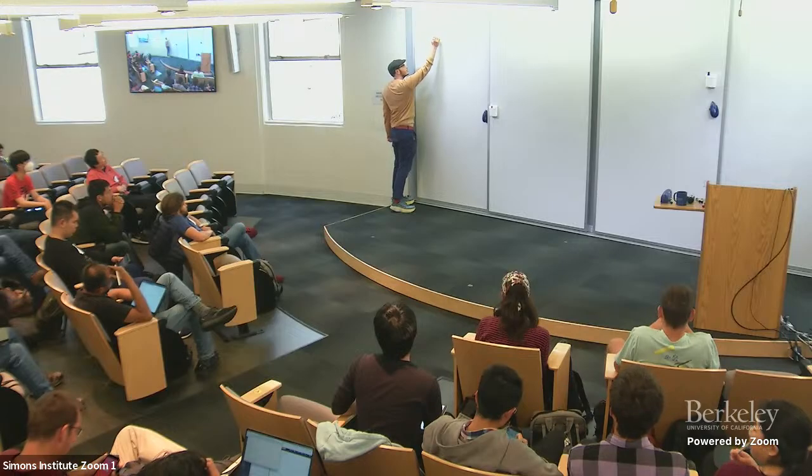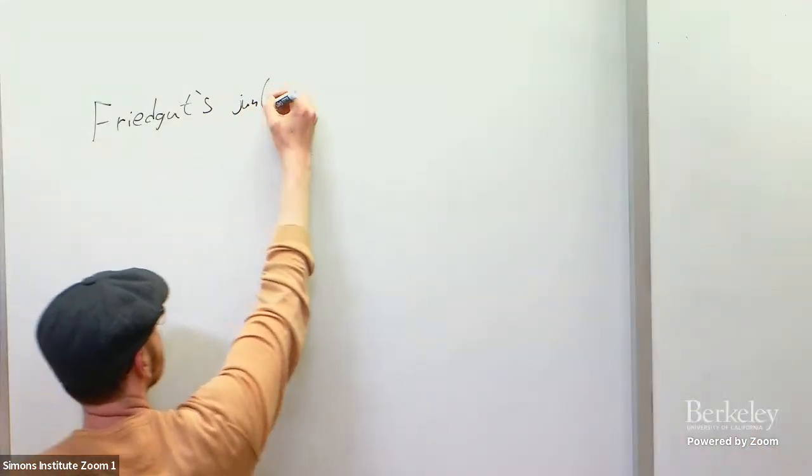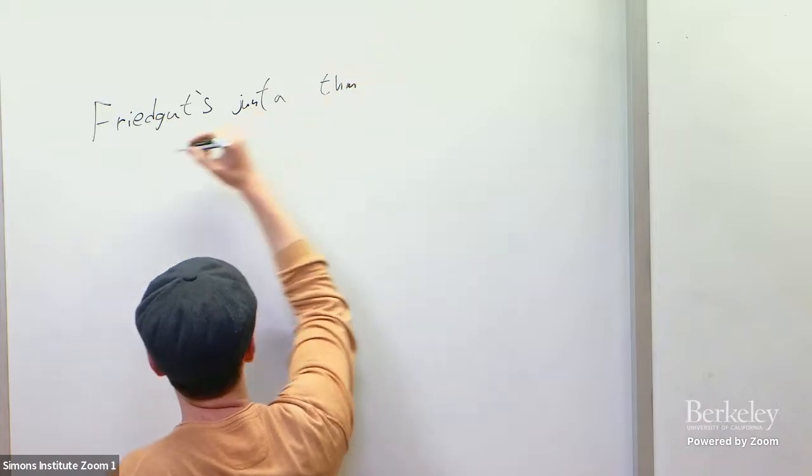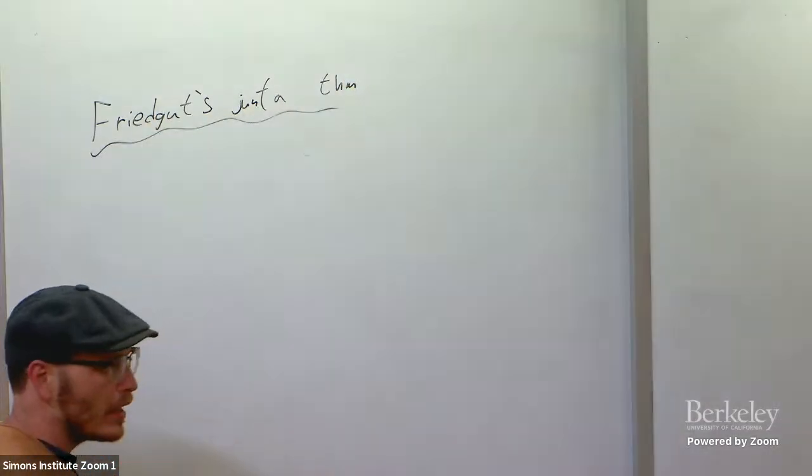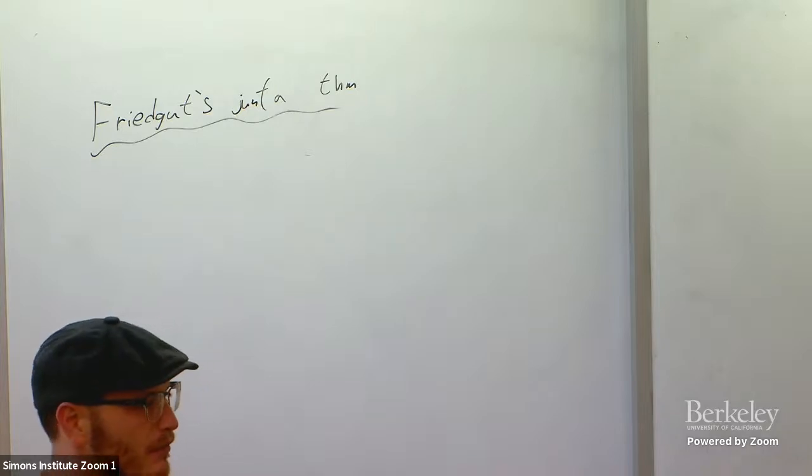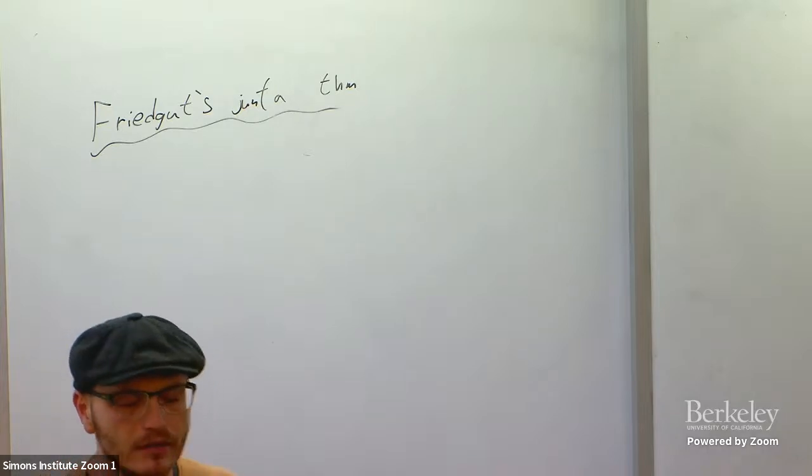So as Stephen talked about Friedgut's Junta theorem, it tells us that if we have a function with a small total influence, then it's close to a Junta.